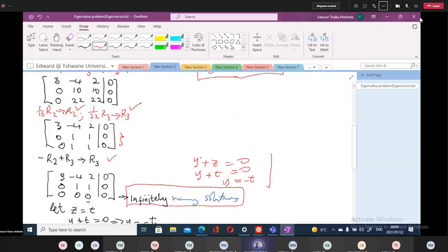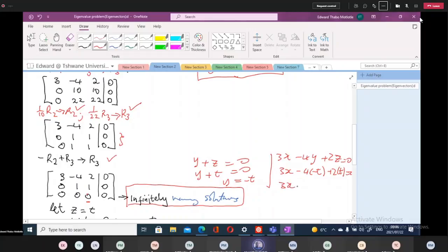Now on the first equation, we have 3x minus 4y plus 2z equals 0. Now you substitute: 3x minus 4 times minus t plus 2t equals 0. Now you solve this one.